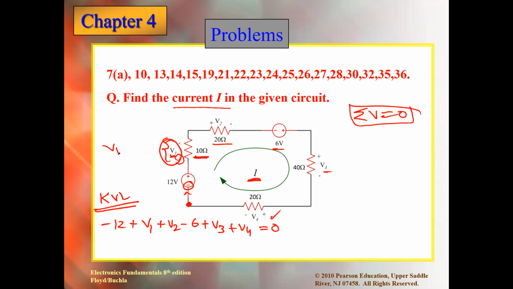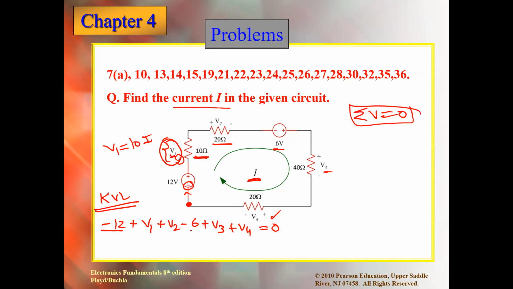Can I write V1 is equal to 10I? Is it possible? Ohm's law, V is equal to IR.